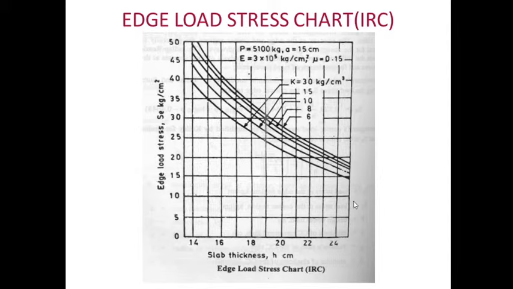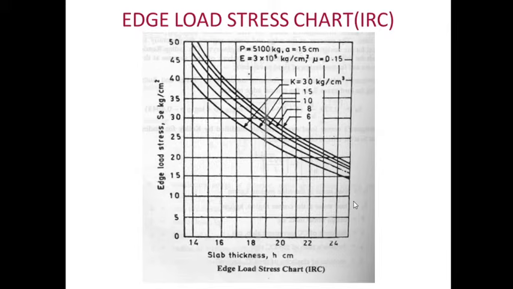The thickness of the slab is 23 centimeter. Corresponding to 23 centimeter, for K 6, you can choose this graph. From this graph, we can find the edge load stresses around 22.5 kg. So the load stress for the edge region is 22.5 kg from the chart.